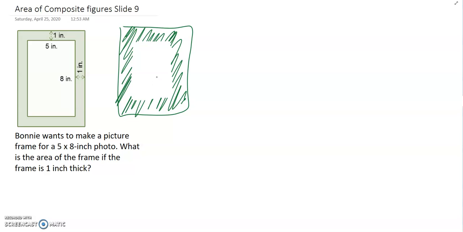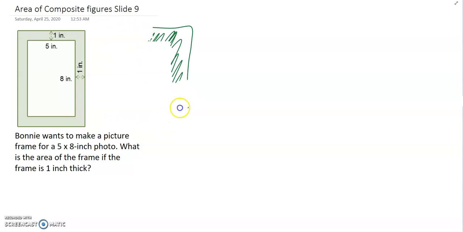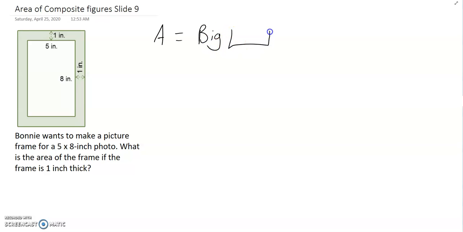So that's what we're going to do: big rectangle minus small rectangle for our formula to find the area of this border.